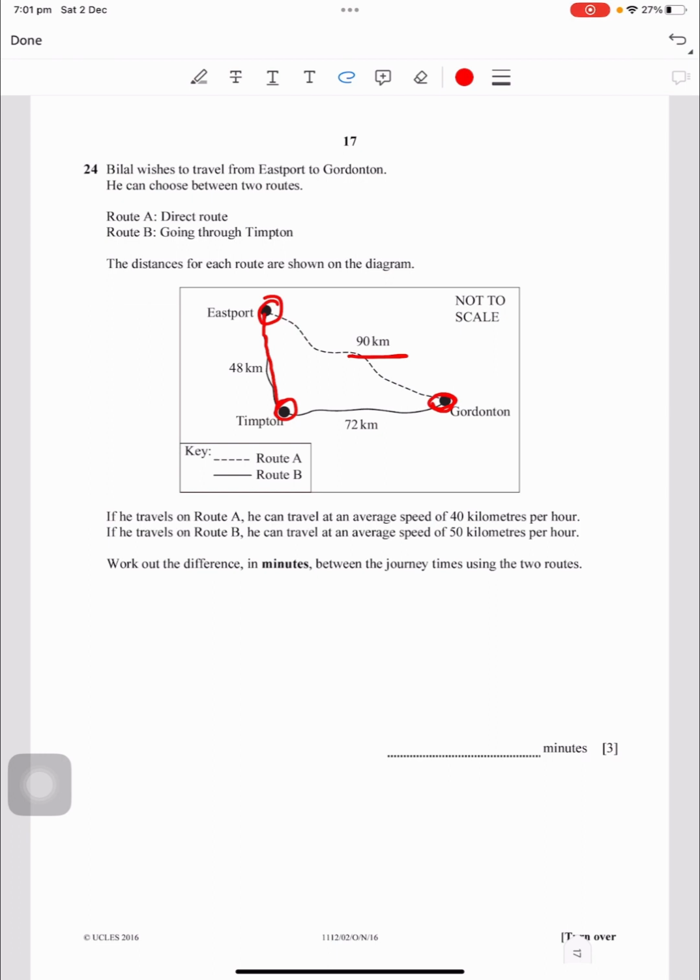Okay, so route A. Firstly, speed is equal to distance divided by time. But here, what we'll do is time is equal to distance divided by speed.